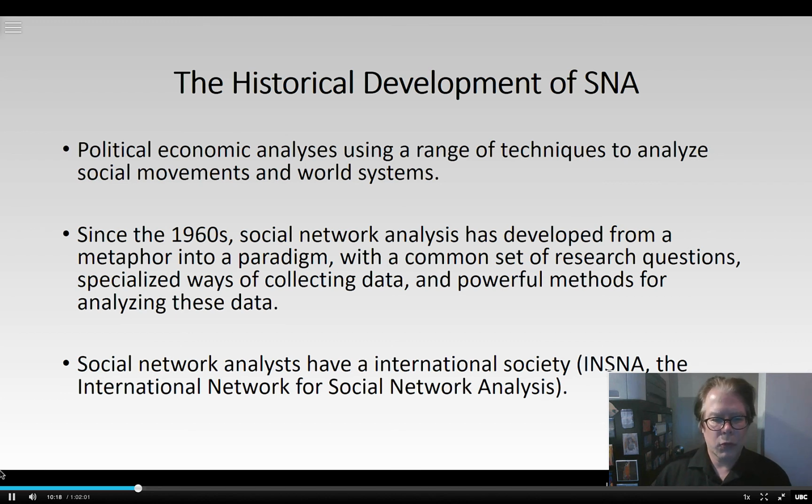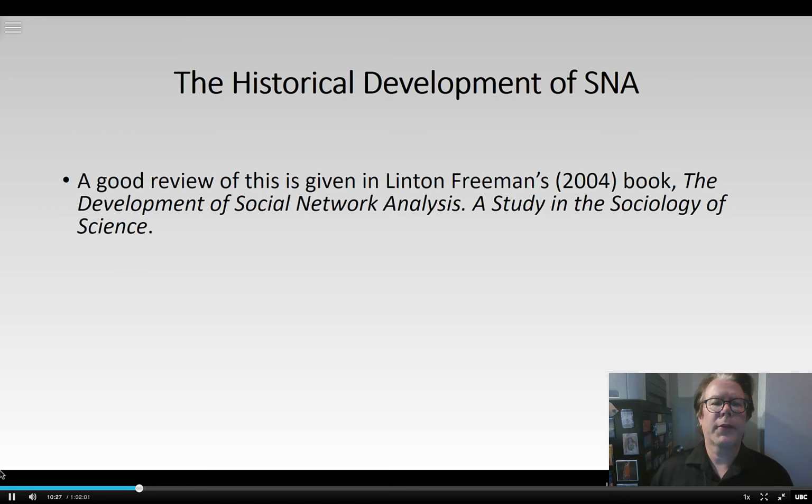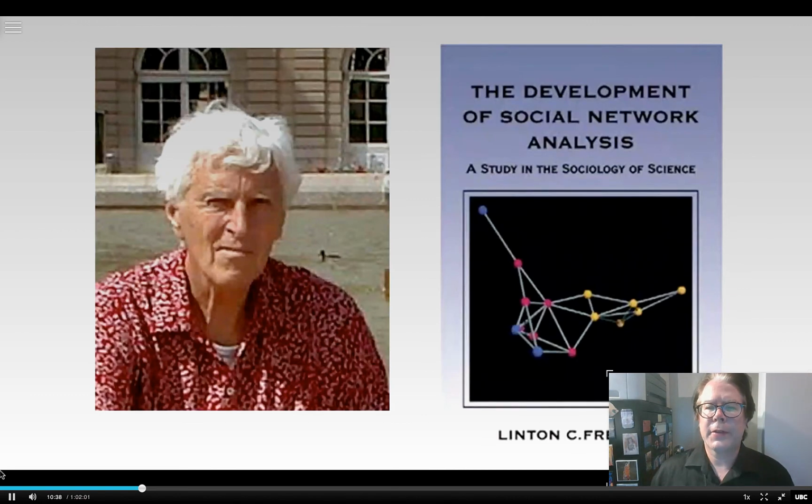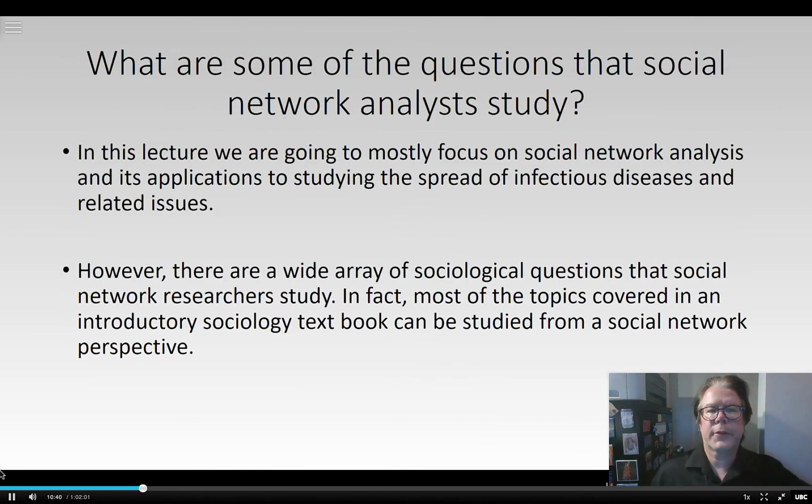And one of the other developments is the formation of an organization, INSNA, the International Network for Social Network Analysis. A good review of the history of social network analysis is provided by Linton Freeman in a book called The Development of Social Network Analysis, a study in the sociology of science.